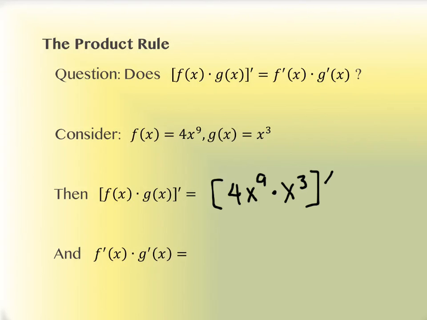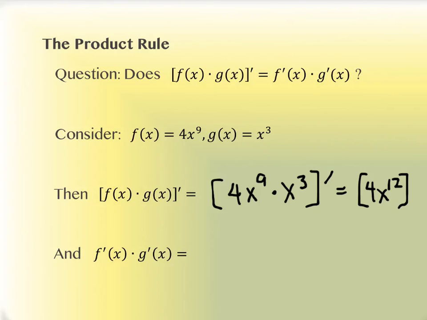So what is 4x to the 9th times x cubed? If you're trying to take a derivative, I want to multiply the pieces inside together first. 4x to the 9th times x cubed. Okay, is everybody okay with that step? Like order of operations, you do stuff inside of parentheses first.